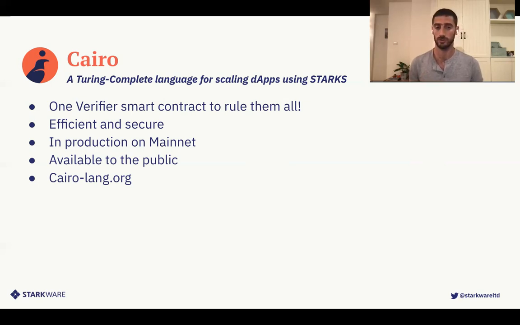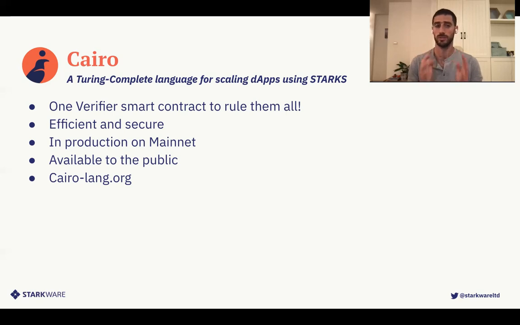Eli Ben Sasson, our president and co-founder, also gave a talk about how Cairo changed the paradigm for writing proofs and why, if you want to build on Starknet, you should first go learn Cairo. And next week on Friday, Shahar Papini, one of the inventors of Cairo, is going to give a talk that technically explains how we built Cairo and how it works.